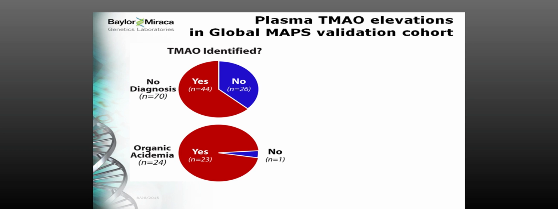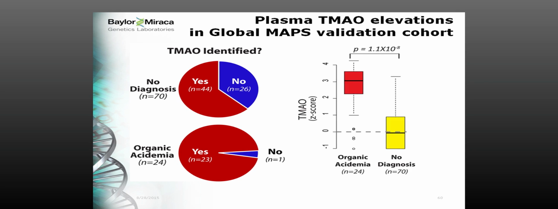Whereas in individuals with organic acidemias, and I'll show you some data in general, all these individuals were on carnitine. You can see that out of 24, there was only one where we did not identify trimethylamine N-Oxide. This is a box and whisker plot of the Z-score of TMAO. On the left, with the red box and whisker plot, you see the individuals with organic acidemias who have significantly higher levels of TMAO as compared to individuals with no diagnosis.